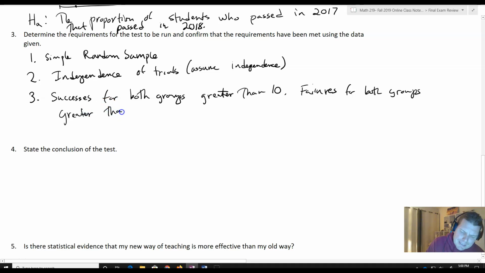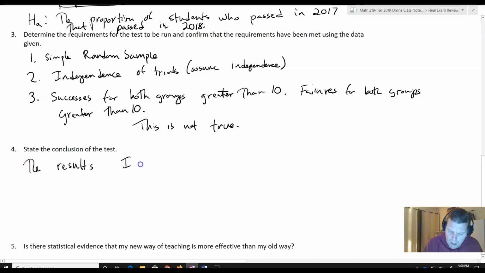But this is not true. So consequently, whatever results we get are not valid. So I'm actually going to state that in the conclusion. The results I get for this test are not valid.